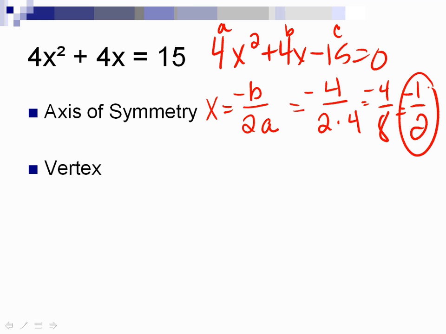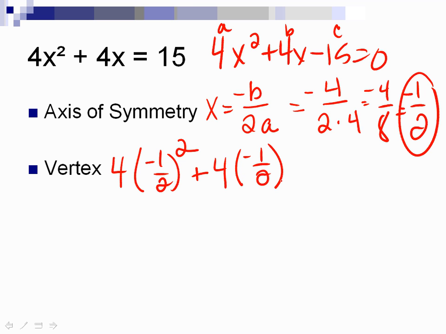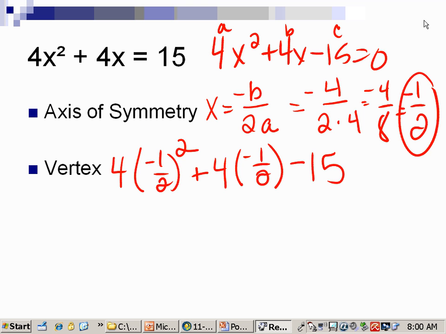Now you have to do this plugging it back in, no calculator, or we're going to be using the little blue calculators. So 4 times negative 1/2 squared plus 4 times negative 1/2 minus 15. Okay, take a minute and see if you can figure out how to do the substitution. Okay, so we're going to multiply negative 1/2 squared.